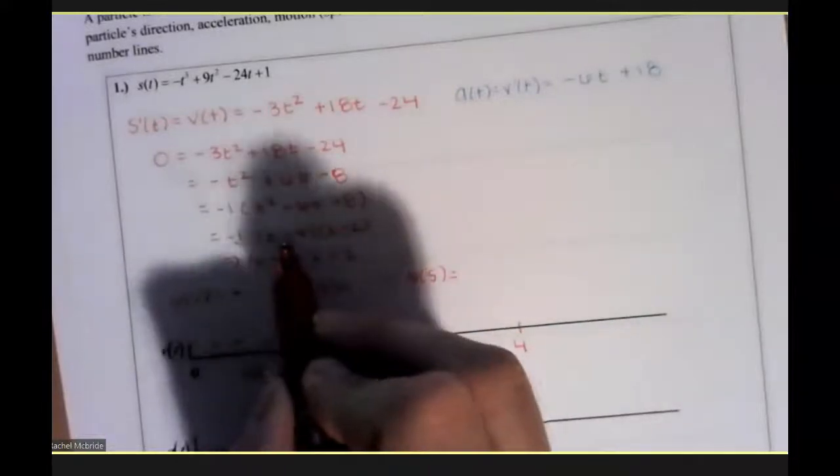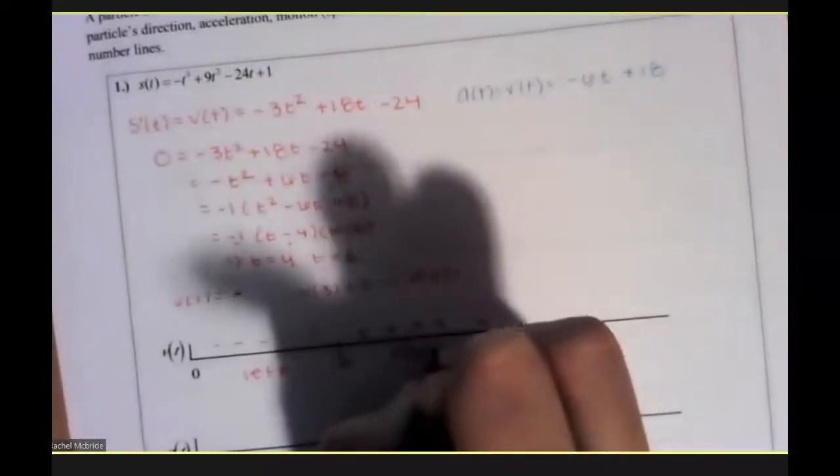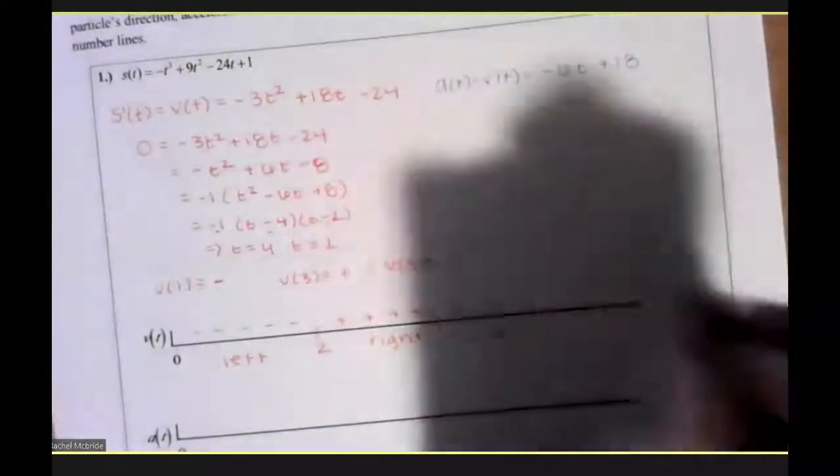So negative times a negative is a positive, times a positive is a positive. Remember, we don't care what the value is, just its sign. So it means it's moving to the right. And plugging in 5, negative, positive, positive, which gives a negative, which means it's moving to the left.